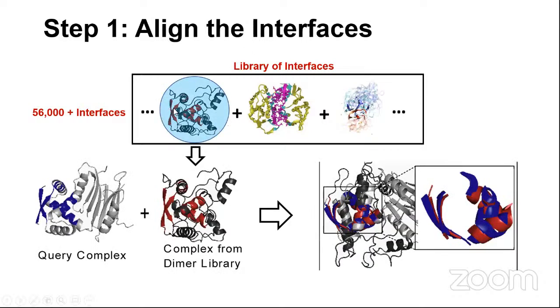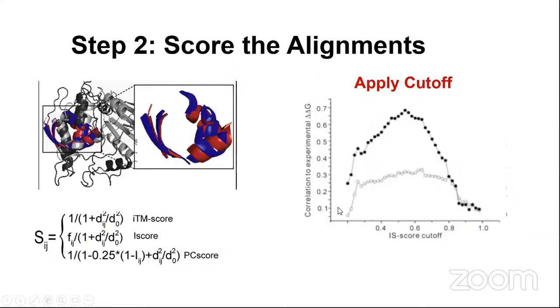For each one, we then align the protein that we want to look at with one of the complexes from this library, which is like a superposition of the protein structures, the best possible one, but optimized specifically for the interface.